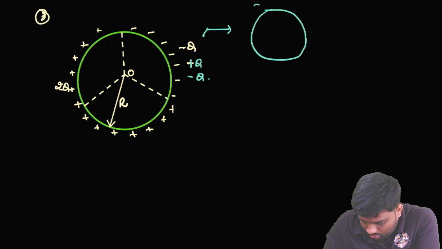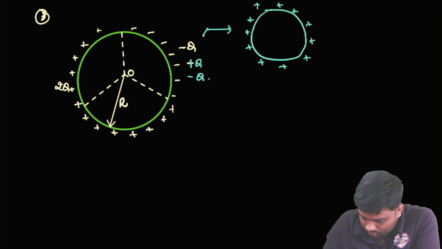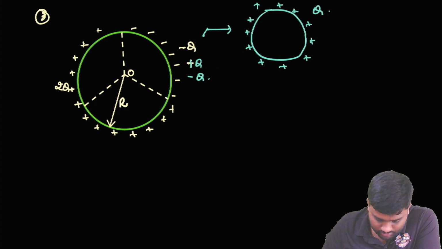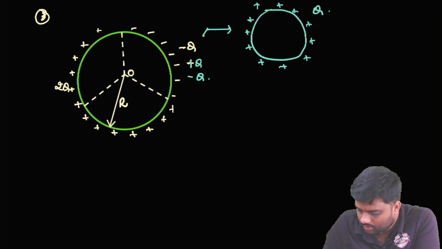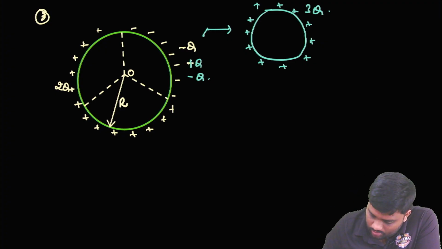The total charge on this circle comes out to be plus q, right? It comes out to be plus q, because whatever you are going to give, like 3q, everywhere it is distributed.